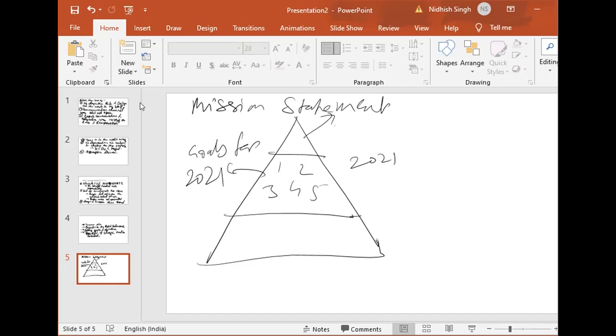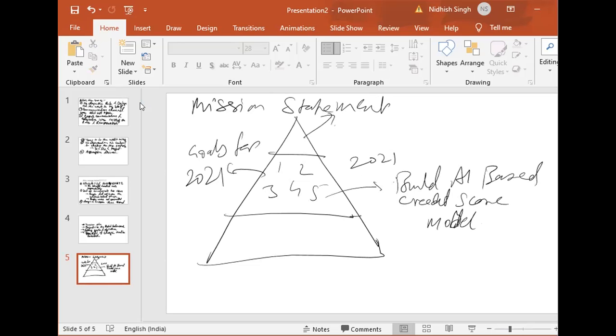Are you still with me? So goal number 5, one of the goals, says: build an AI-based credit score model by maybe September 2021.